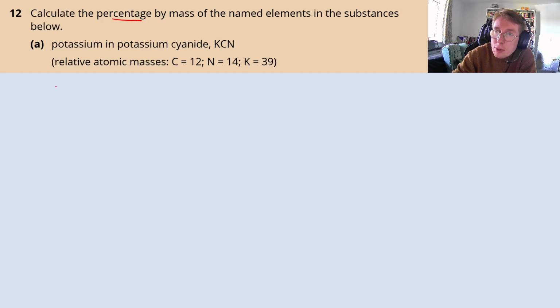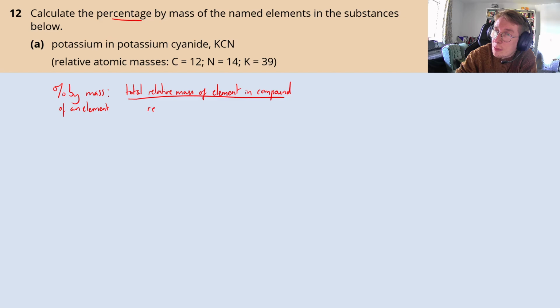So essentially, if we want to find the percentage by mass of a particular element in a compound, we need to consider the total relative mass of this element in the substance, so in the compound, divided by the relative mass of the compound, and because it's a percentage, times that by 100.